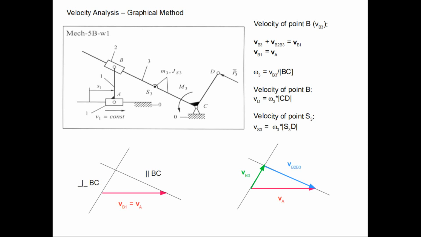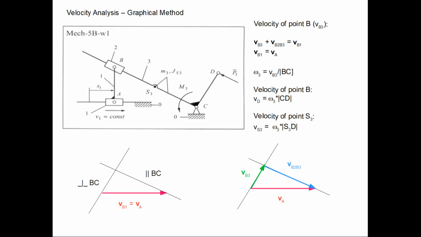We see that this motion is a complex motion which corresponds with the rotation of rod 3, and there is a relative motion of slider 2 with respect to rod 3. So the resulting motion of point B is a sum of two motions.